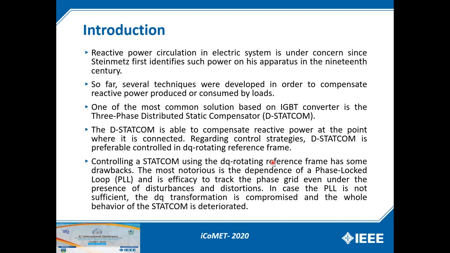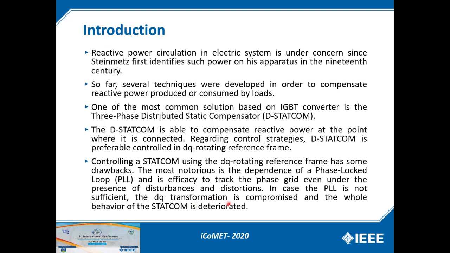So if the PLL is deteriorated, all your system may be deteriorated as well. So the dependence on the PLL is strongly necessary, and this is a drawback of solutions employing the DQ rotating reference frame. If the grid is distorted, for instance, the PLL may not track the phase correctly, so the transformation may not be good anymore.